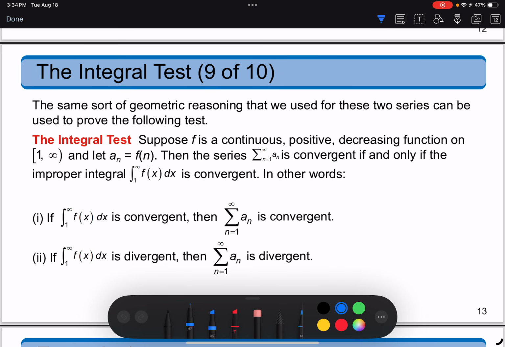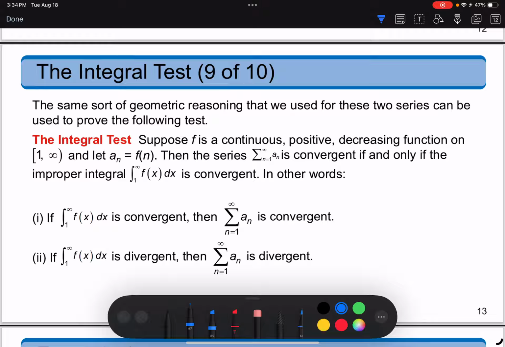For the integral test, suppose f is a continuous, positive, decreasing function on the interval from 1 to infinity, and let a sub n equal f of n. Then the series summation of a sub n for n equals 1 to infinity is convergent if and only if the improper integral of f of x dx from 1 to infinity is convergent.